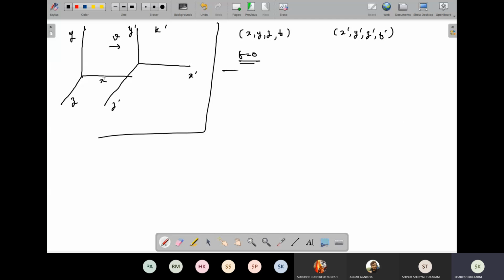Let us see how. What we want to keep is this element, c square t square minus vector x square, the same in K and K prime.